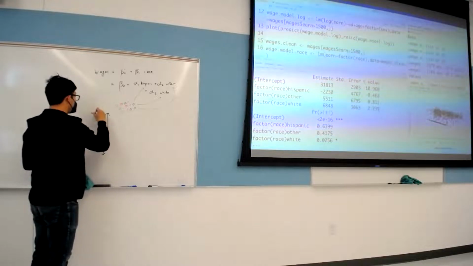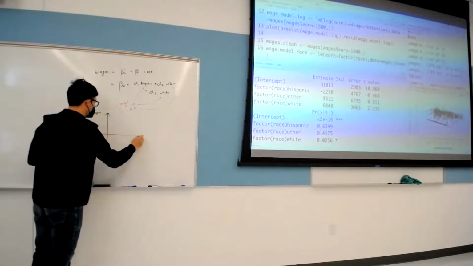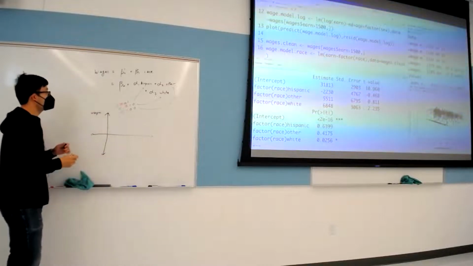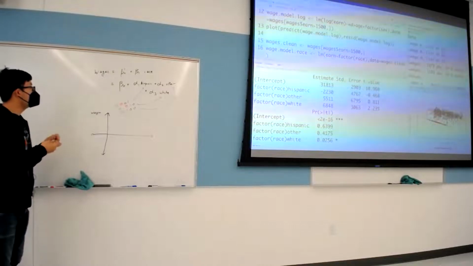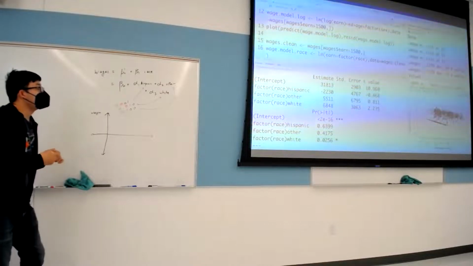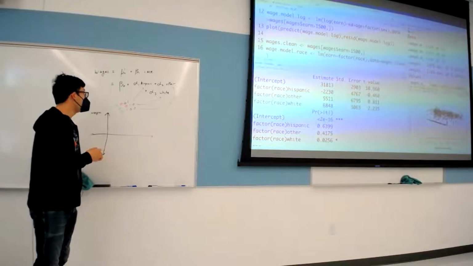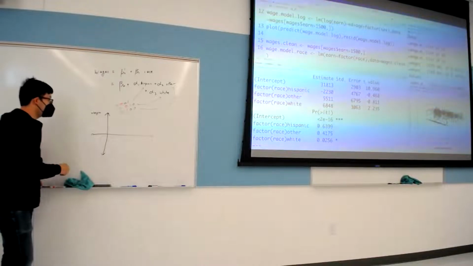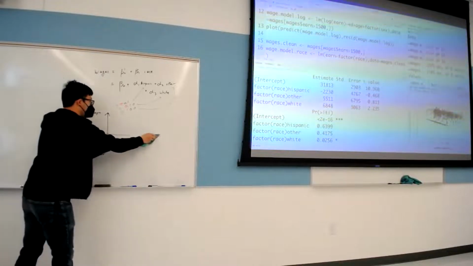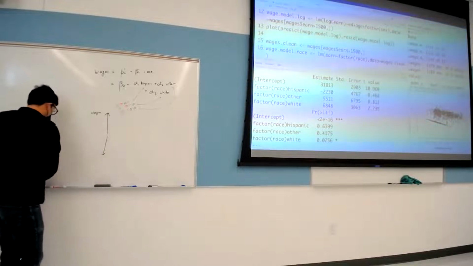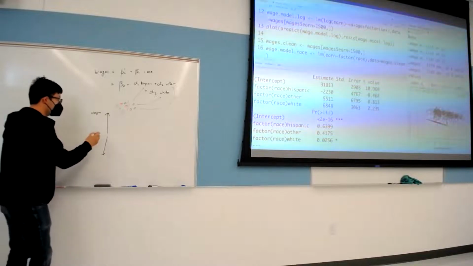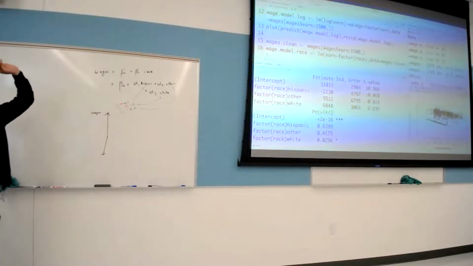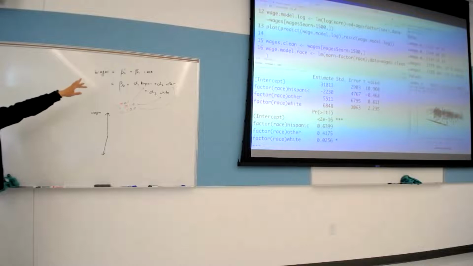So this is wages, and there's not really anything on this axis, but we'll just draw this for now. What is our base value here?